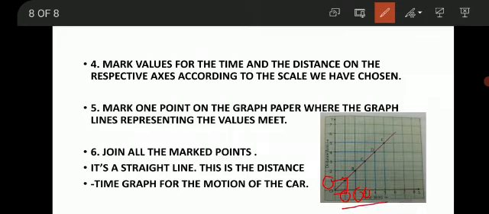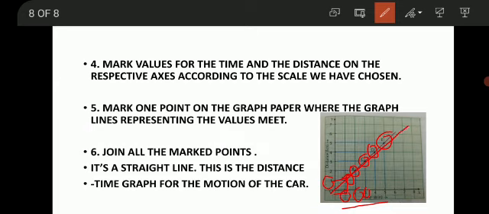Then mark one point on the graph paper where the lines representing the values meet. That means we have to mark these points with a pencil, and after that we have to join all the marked points.